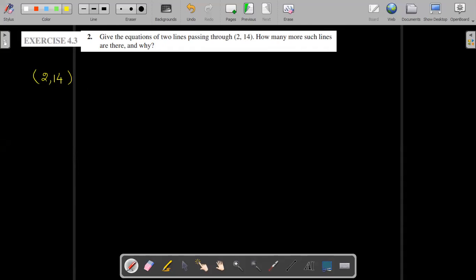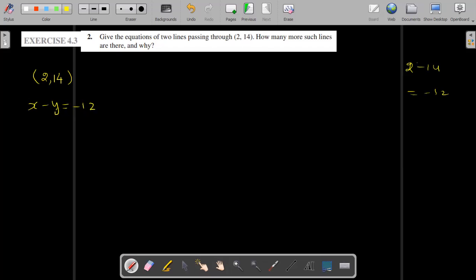So how to make them? I'll tell you. First, you can see the difference between 2 and 14. You can take 2 and 14 or 14 and 2, that doesn't matter. Because 2 is x, 2 minus 14 is minus 12. The first equation can be x minus y is equal to minus 12.